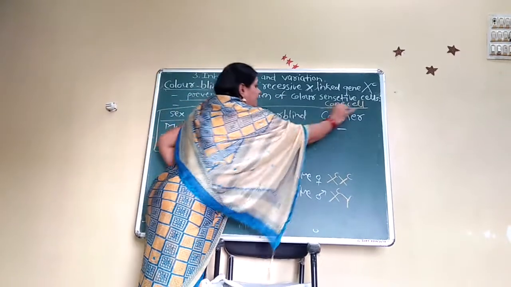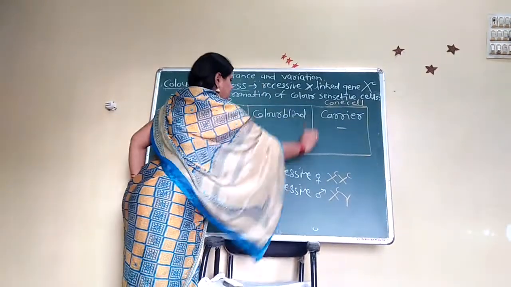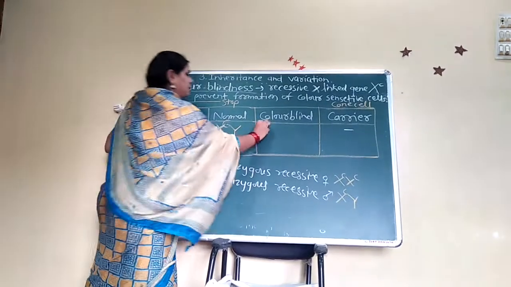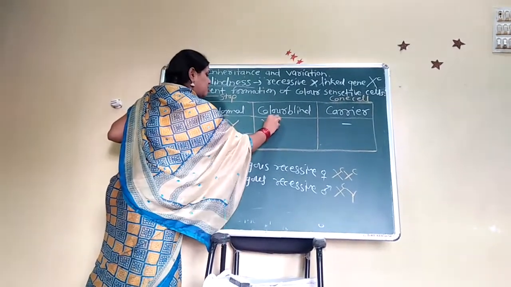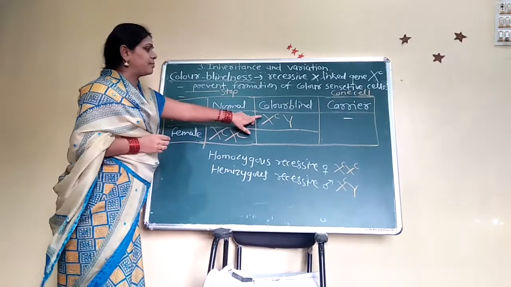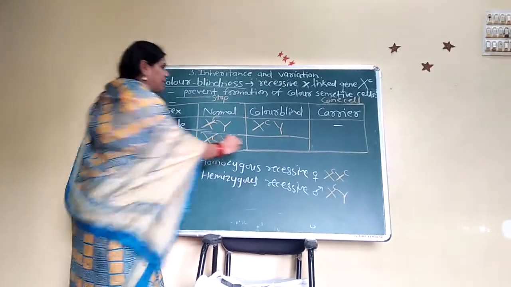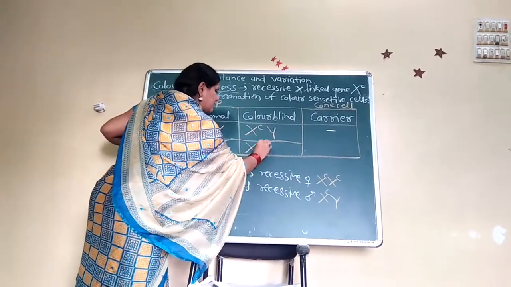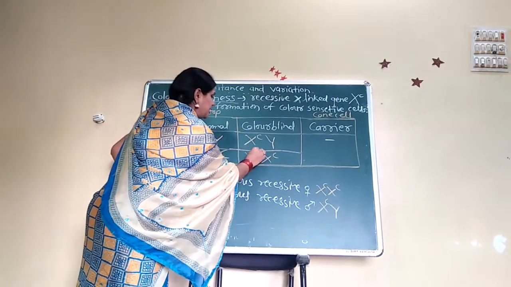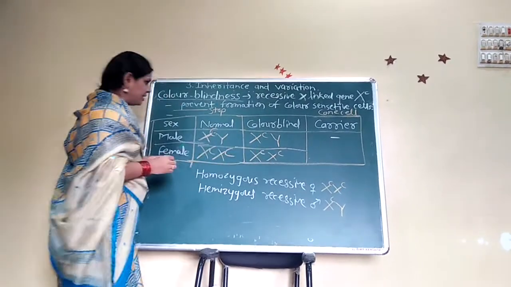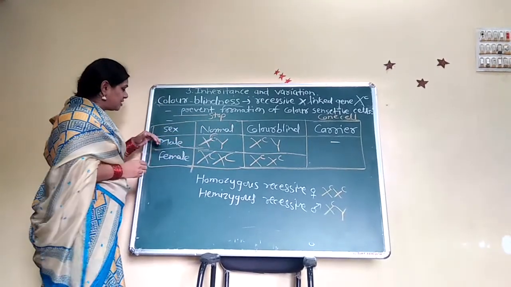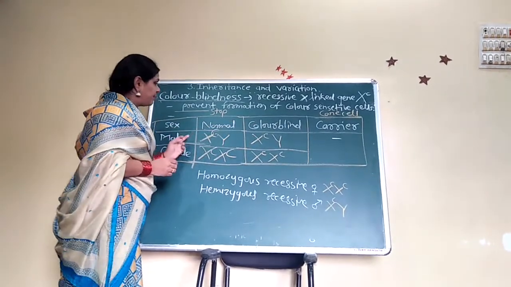Then the color blind condition in male is X small c and Y. In female, color blind is X small c and another X which is also small c. This is the genotype of the female color blind, and this is the genotype of the male color blind.